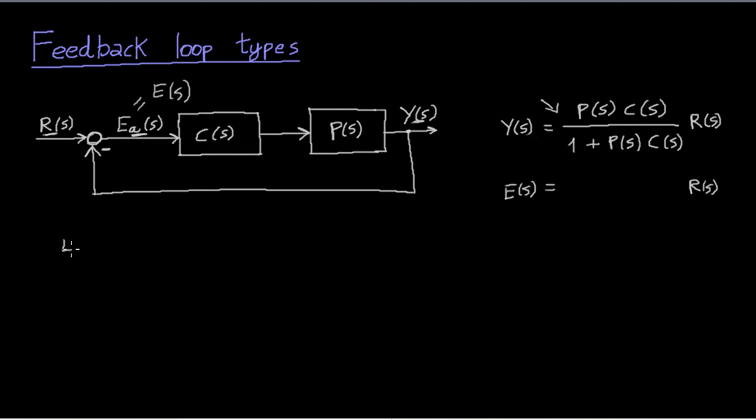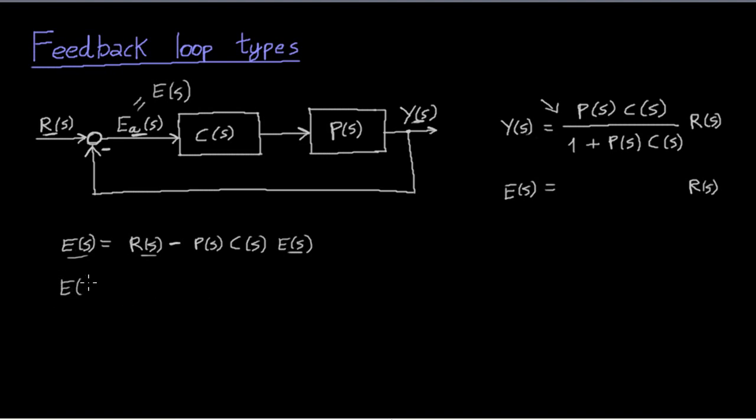So here E(s) is equal to R(s) minus Y(s), but Y(s) is just P(s) times C(s) times E(s). Here we have the two signals involved.